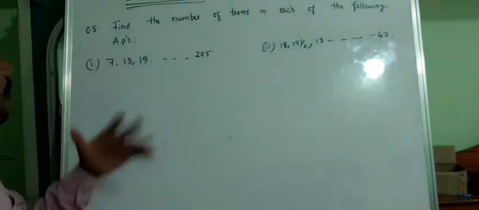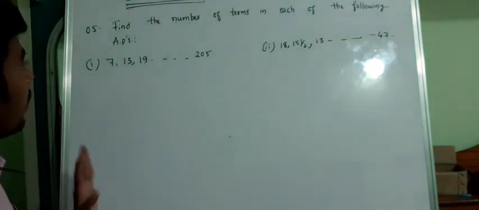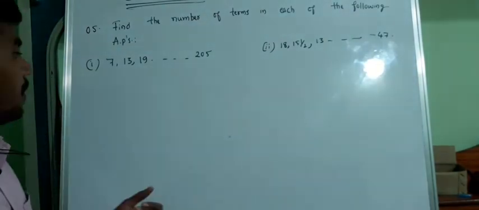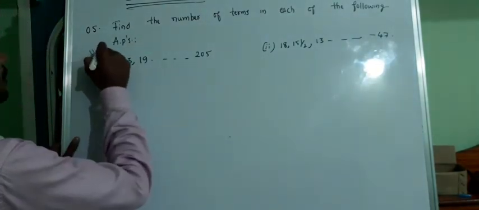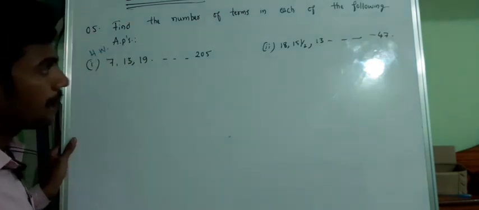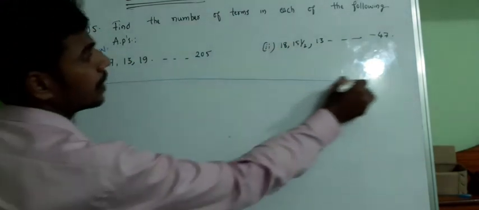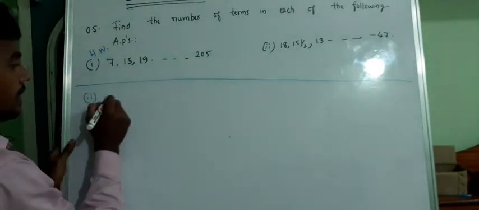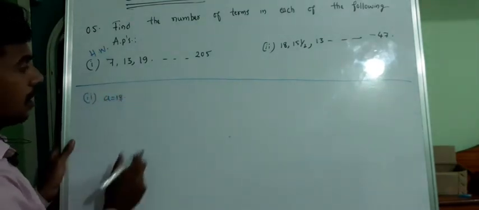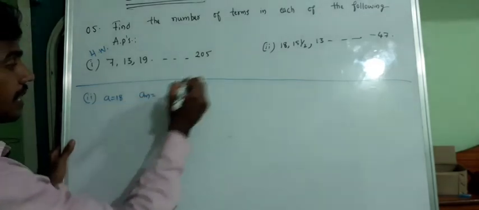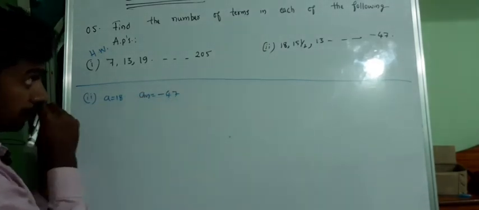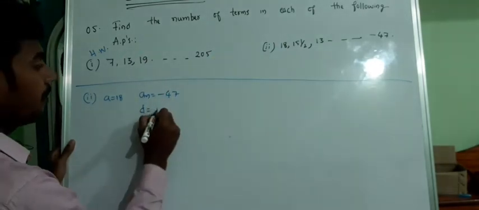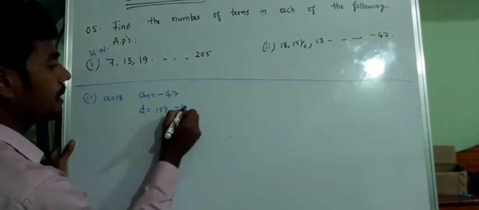Fifth question, find the number of terms in each of the following APs. These two are arithmetic progressions. I'll solve 2, and this will be your homework. Now in the second one, A is 18 and AN, the nth term, is minus 47, and D is equal to succeeding minus preceding, 15 and a half minus 18.